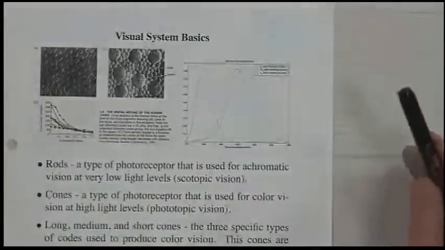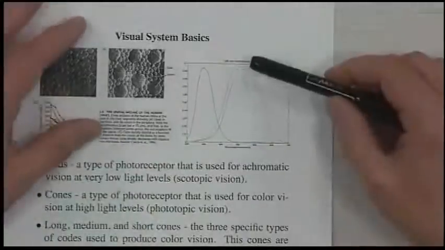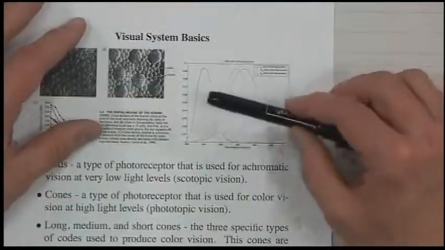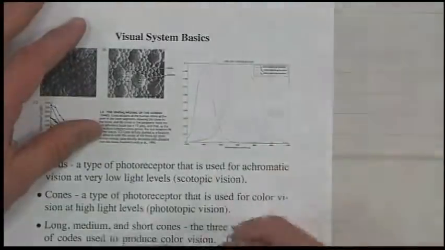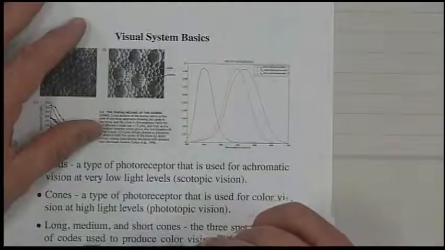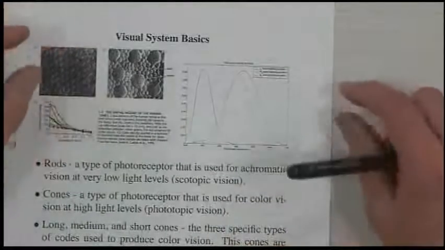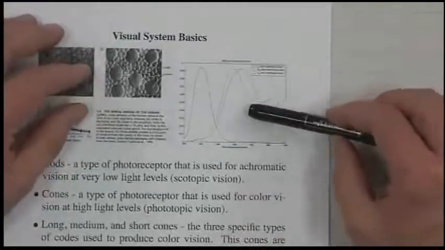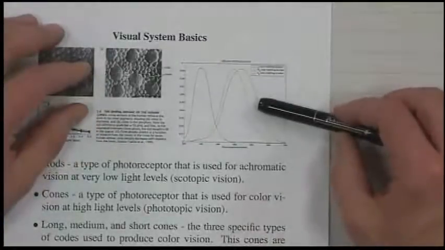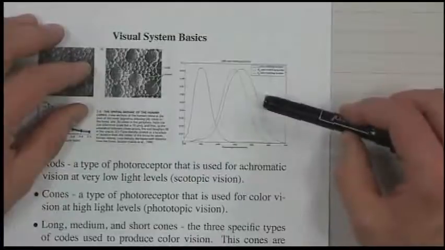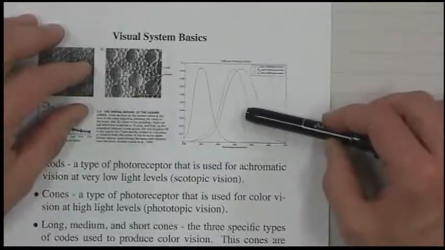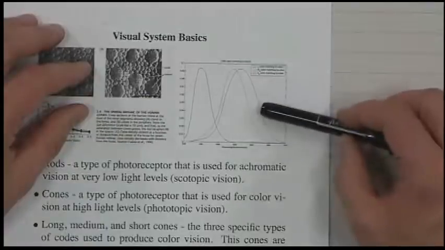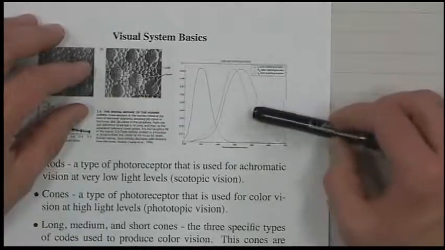Then you see that the curves for the long, medium, and short cones are different. But the interesting and perhaps counterintuitive thing is that the long and the medium are really quite similar. The idea that one is red and the other is green is silly. It's just the long and the medium, and there's a little bit of difference.